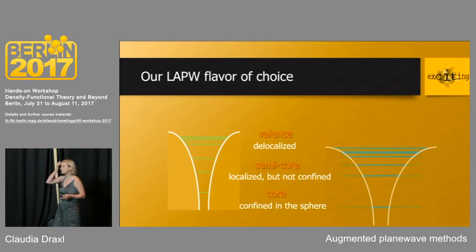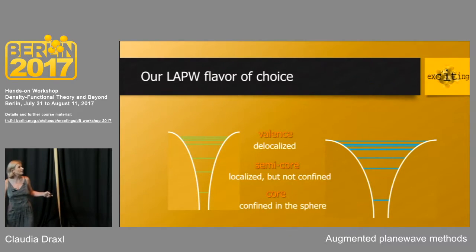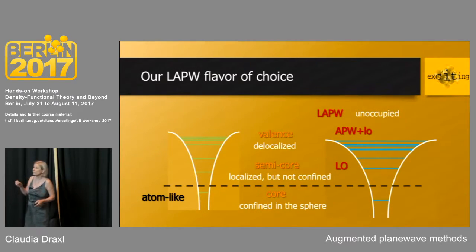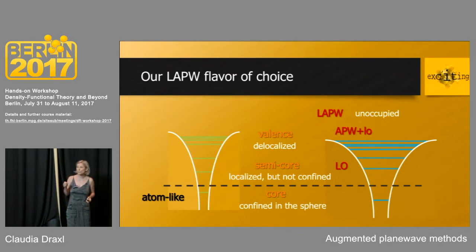So our favorite choice, so to say, of basis functions is we treat core states typically in a separate window, solving the Dirac equation, like we have seen before. We treat semi-core states by adding local orbitals to the basis set. And up there, we use APW plus these auxiliary local orbitals in order to have a very precise description of the states close to the Fermi level, which are relevant for the bonding and for the physical properties.